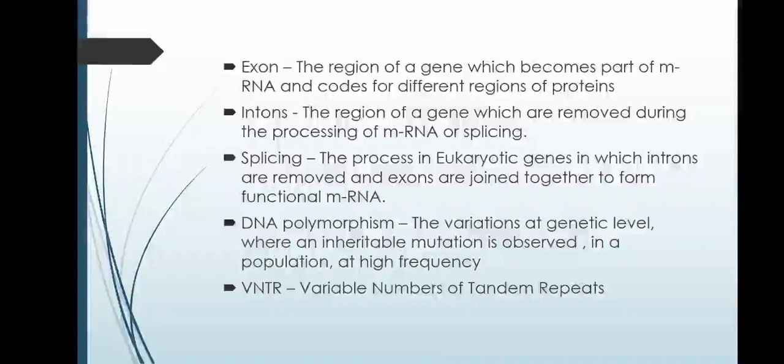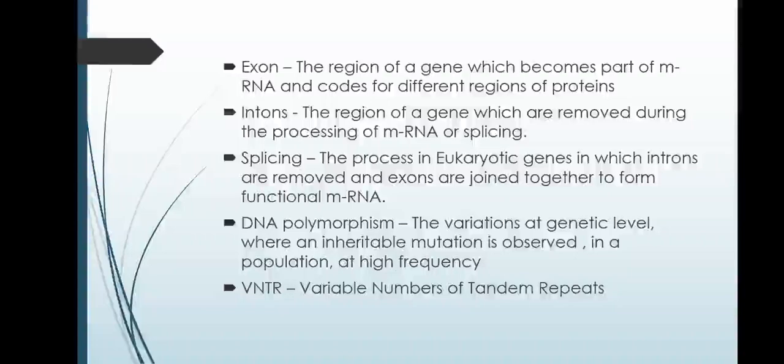Exons are the genes which become part of messenger RNA and they code for the specific protein. Introns are the regions of a gene which are not used for the formation of a protein and are removed during the process of mRNA splicing.